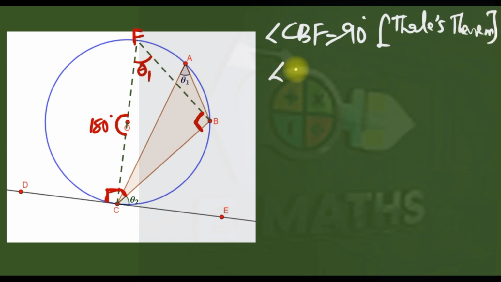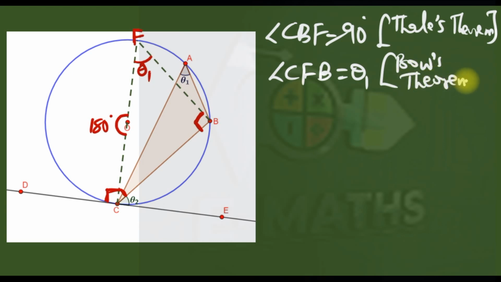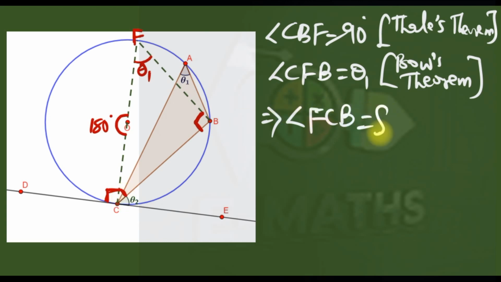And angle CFB is θ1 by the inscribed angle theorem. So which implies that this angle FCB, we have two answers. If you take triangle FCB, the remaining angle here will be 90 minus θ1 by the angle sum theorem for a triangle.